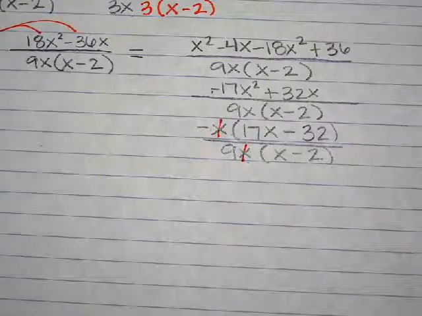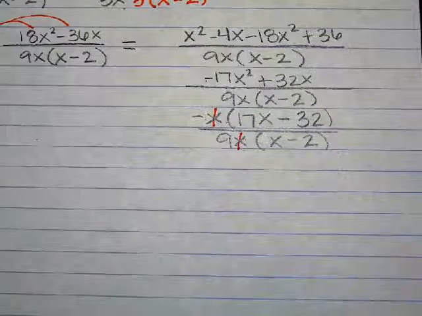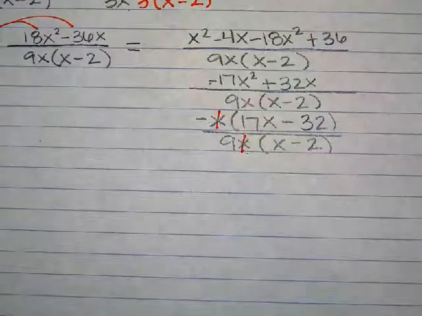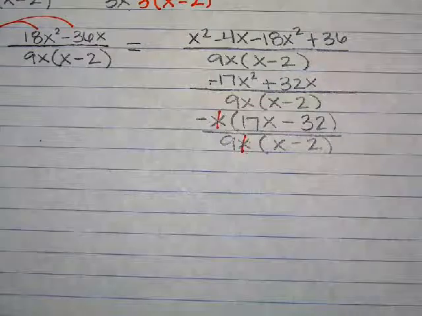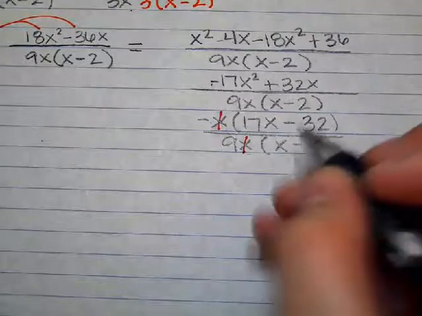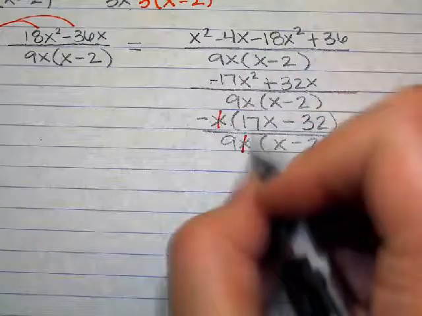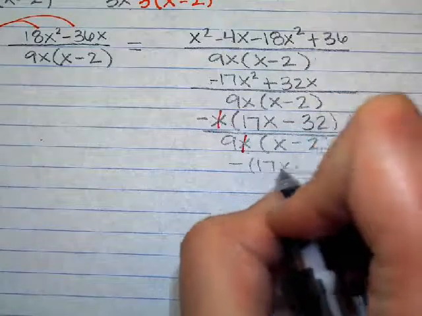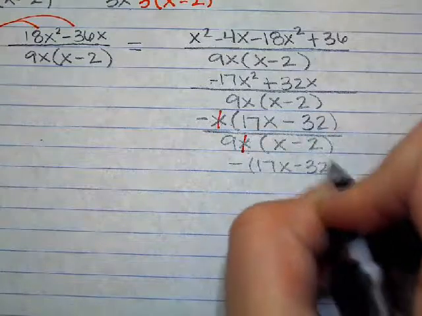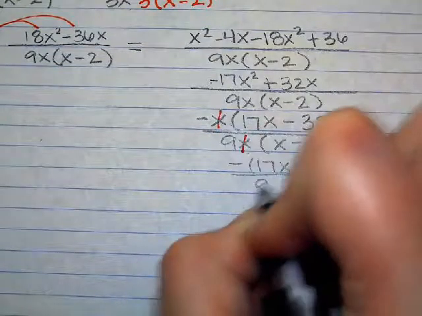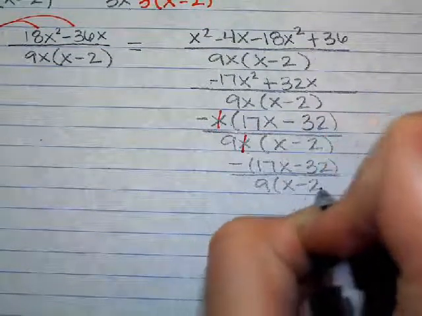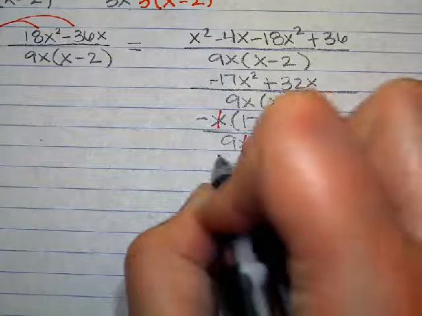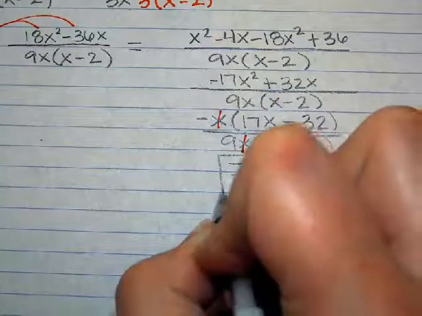So not as much reduces as we would like to, but a little bit did. Okay, so we're going to say our final answer is negative 17x minus 32 over 9 times x minus 2. It's not a very pretty answer, but there it is.